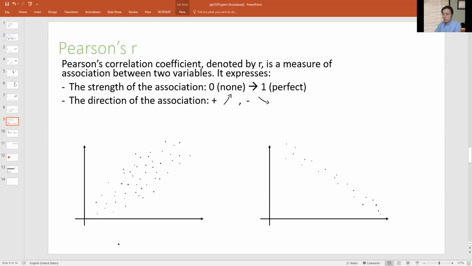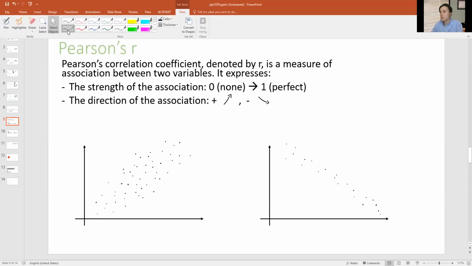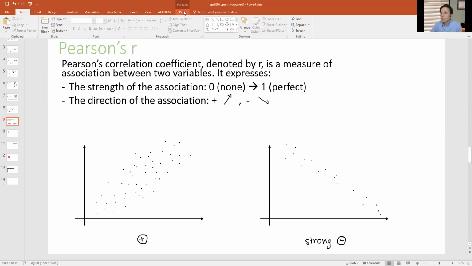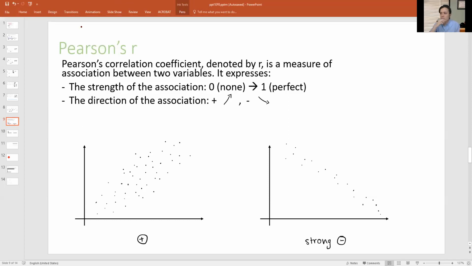So this one is more or less strong and positive, whereas this one is strong and negative. Can I see a show of hands for those of you who are done writing or okay with this so far?